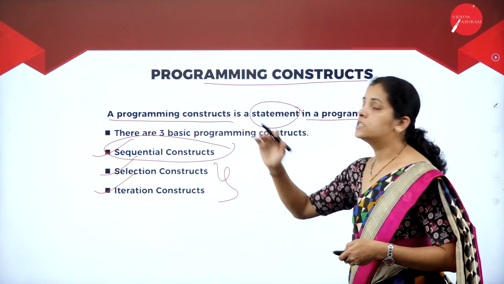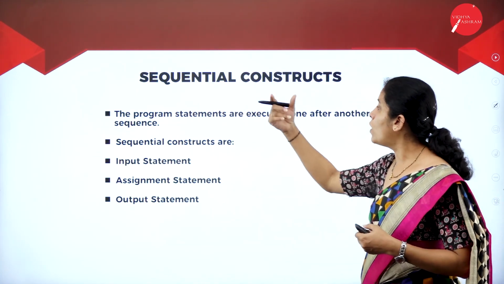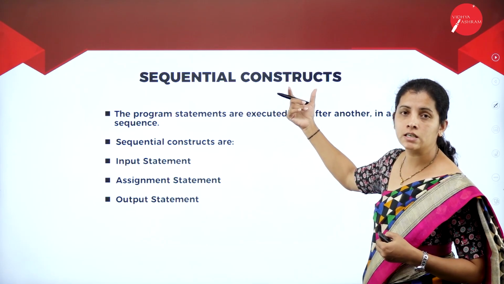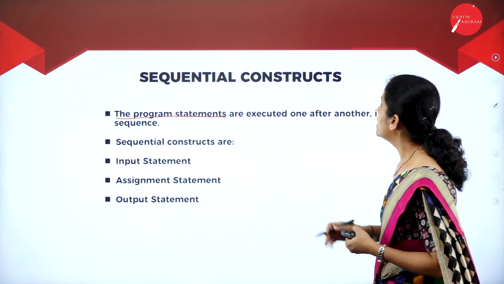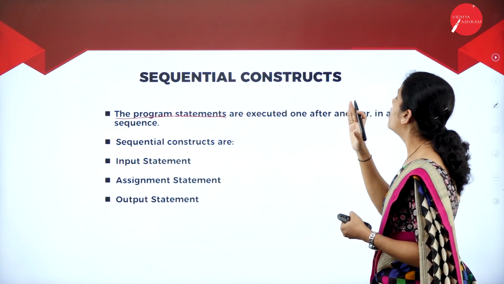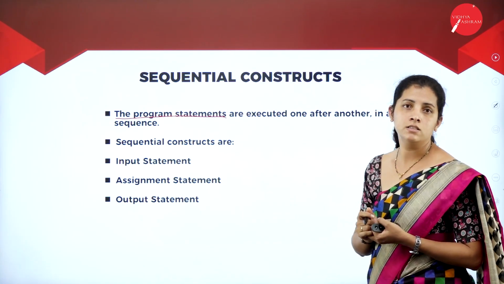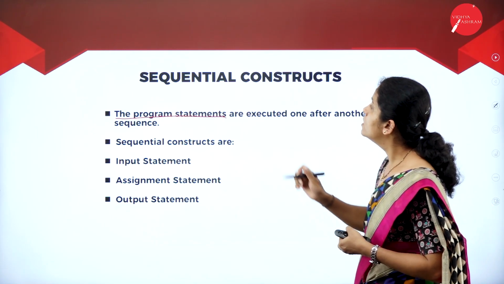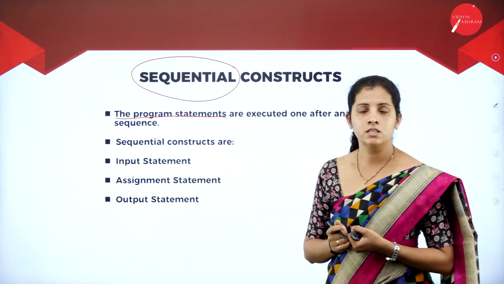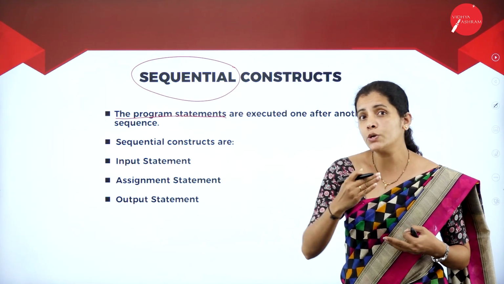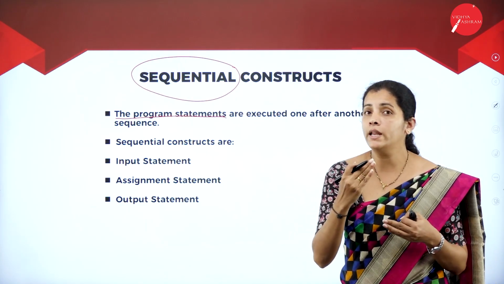Moving on to the sequential construct. What is a sequential construct here? The program statements are executed one after another in sequence. The name itself indicates that it is sequential. What is sequential here? One by one execution.